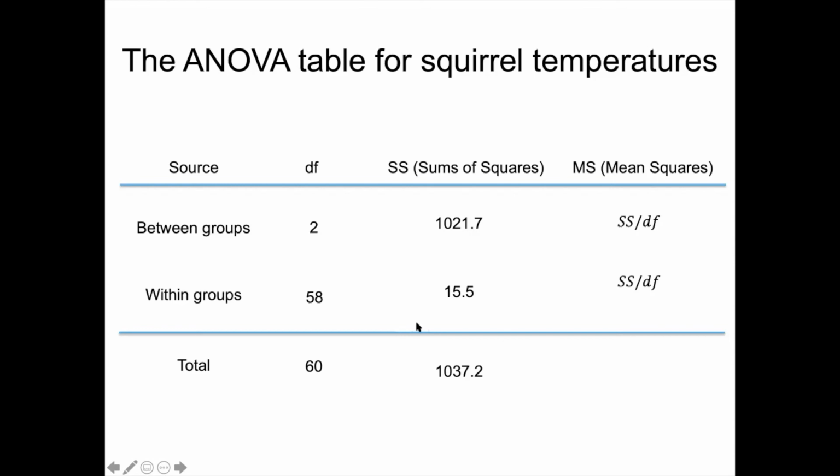Now, from these sums of squares and degrees of freedom, we can calculate our mean squares. Our mean square between is simply our sum of squares between divided by our degrees of freedom between, which is equal in this case to 510.8. The within group mean square is equal to the within group sums of squares divided by the within group degrees of freedom, and that's equal to 0.3.